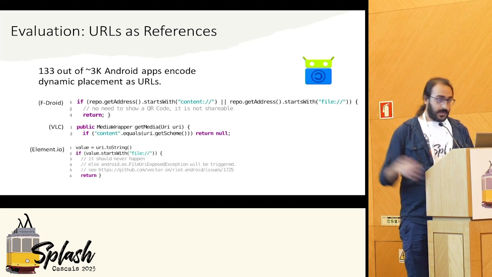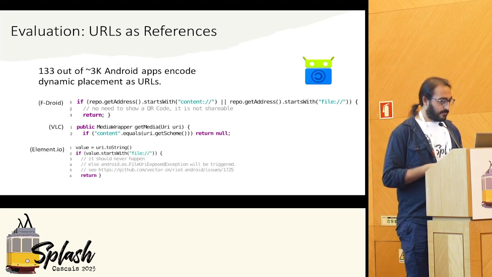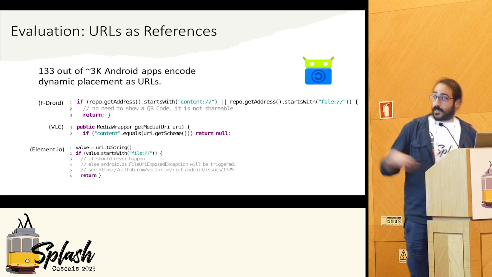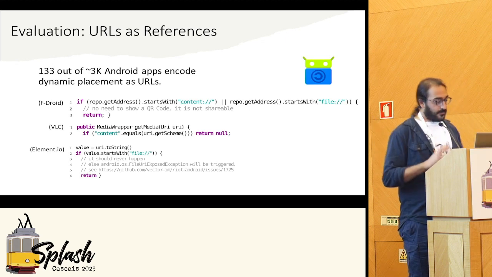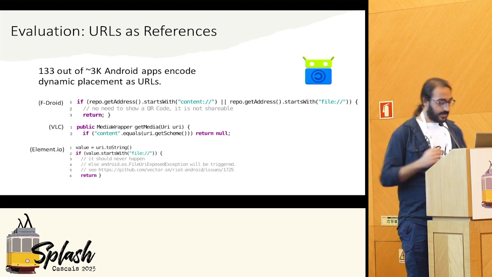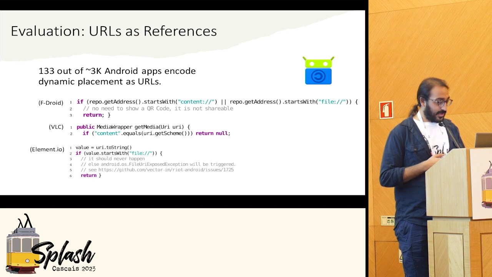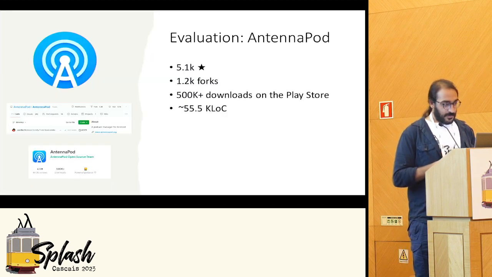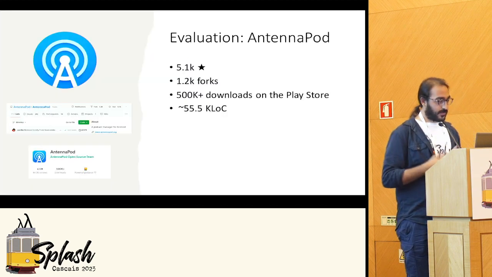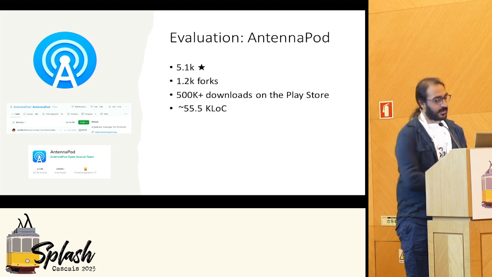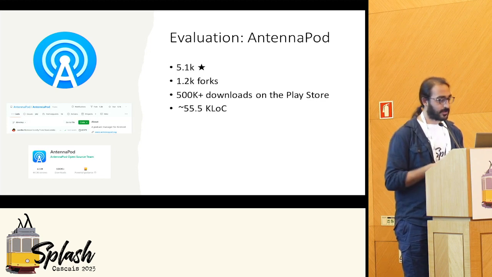And Element, which is a group chat, also does this, except that they added a comment saying that if we don't do this, then this runtime exception happens. And yeah, of course, we don't like that. You can see the GitHub issue. But one particular application which we focused on is a cool podcast manager application.